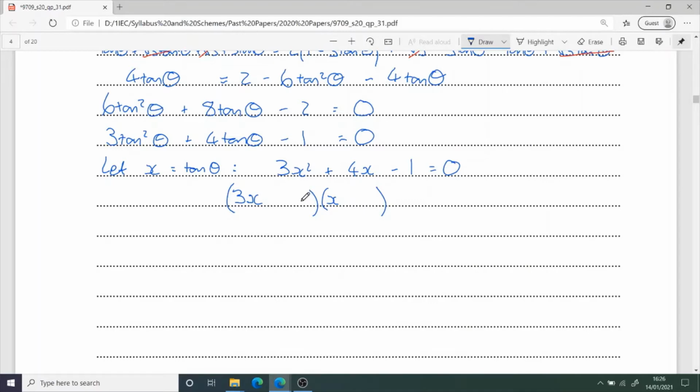It's going to have to be a combination of plus 1 and minus 1. I don't think it is going to, so instead let's use our calculator to solve.